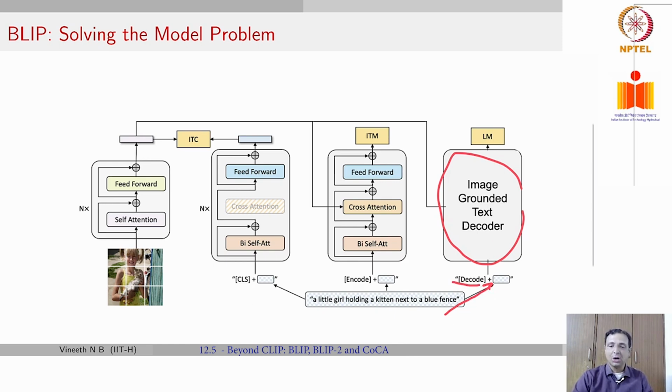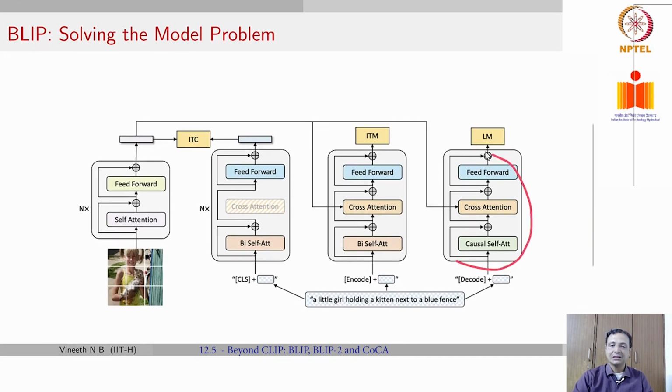Now the image grounded text decoder has a slightly different self-attention module called the causal self-attention module, which is common in many language models where the self-attention is only on the previous tokens and is not on any later token. So the later tokens are masked, and the self-attention for any token t only depends on all tokens less than t within that sequence. Why is this done?